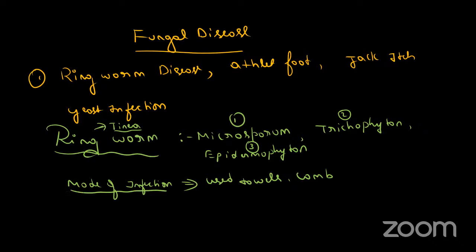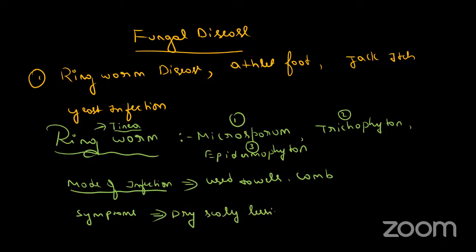So that is the mode of transmission. Then what are the symptoms? What symptoms does it cause? If you take the skin, ringworm disease gives a ring-like appearance, and that area will be very scaly and very dry. Okay, dry, scaly lesions you are going to get.